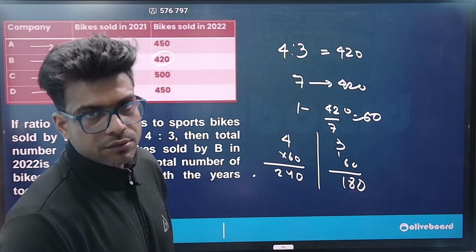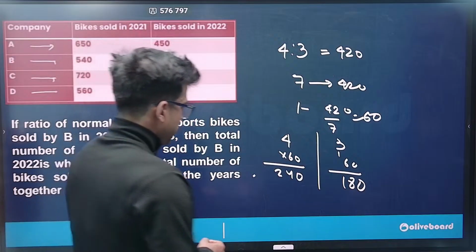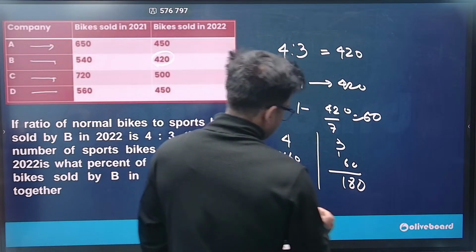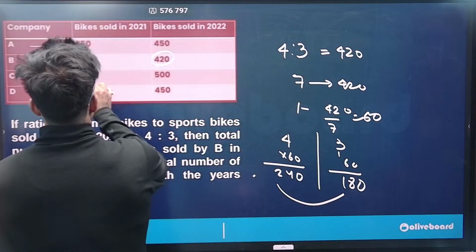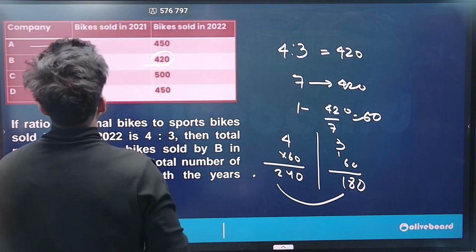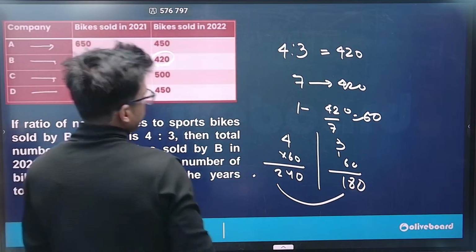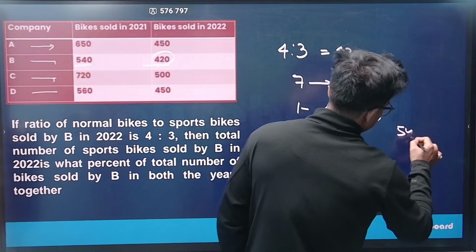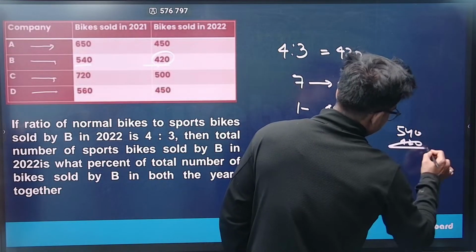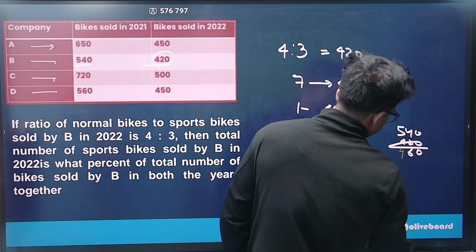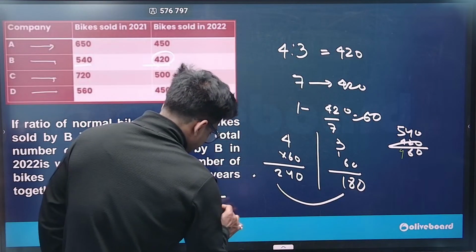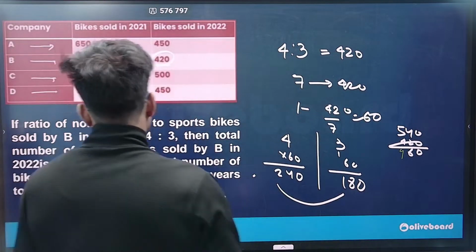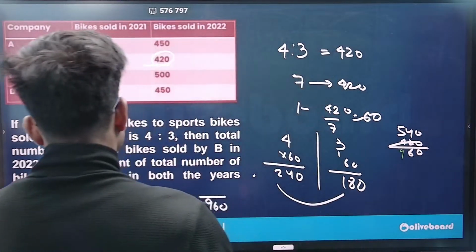How can you answer this question? So basically B in both the years is 540 plus 420, 960. So basically 960.